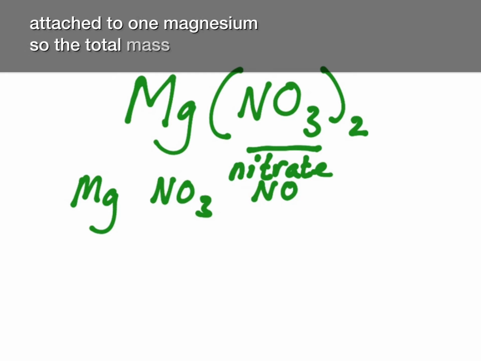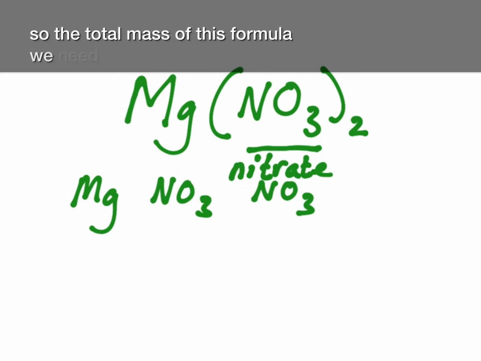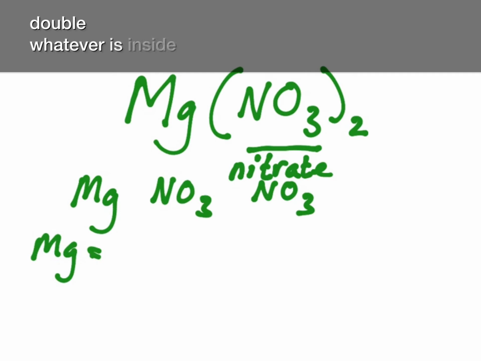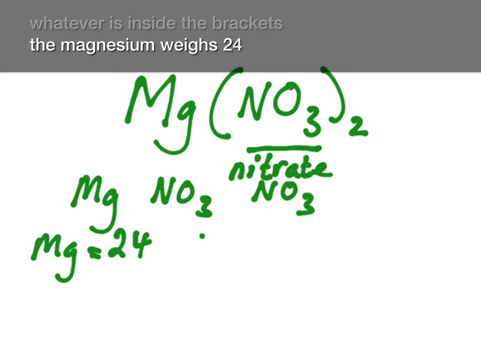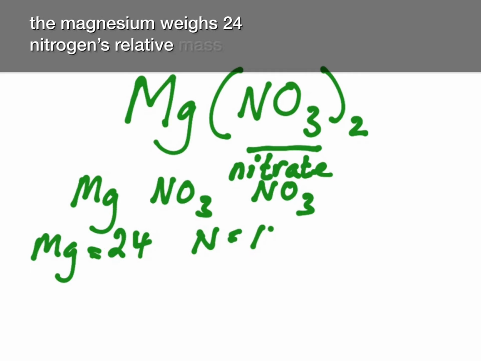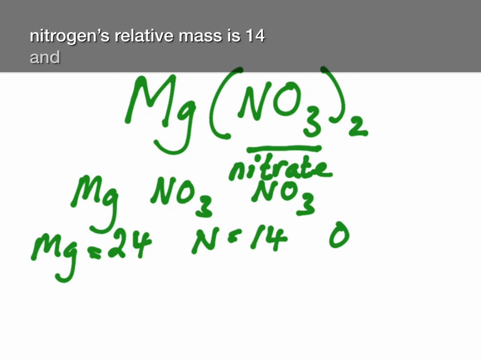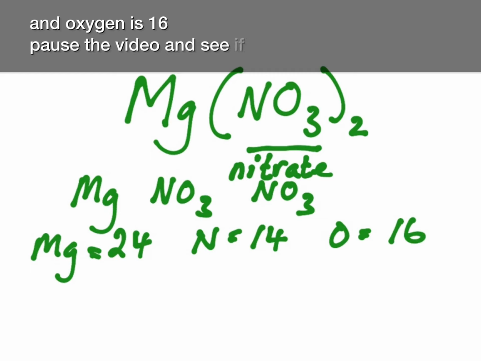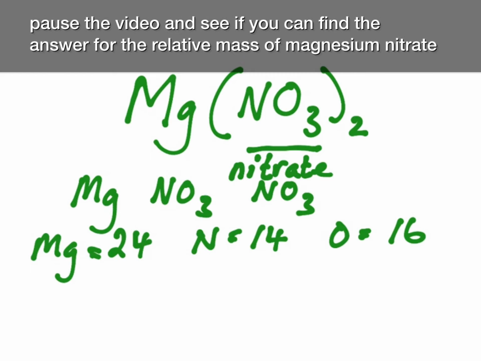So for the total mass of this formula, we need to add all of that together, double whatever is inside the brackets. Now magnesium weighs 24, nitrogen's relative mass is 14, and oxygen is 16. Pause the video and see if you can find the answer.